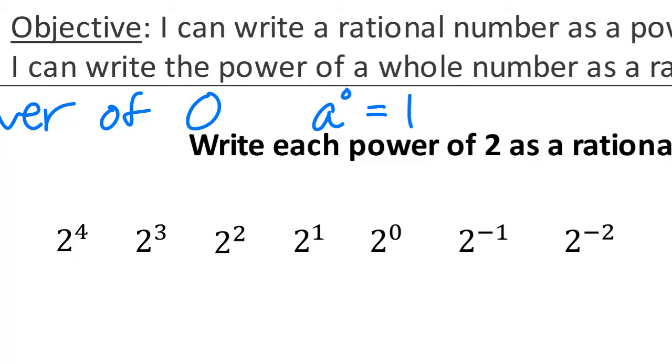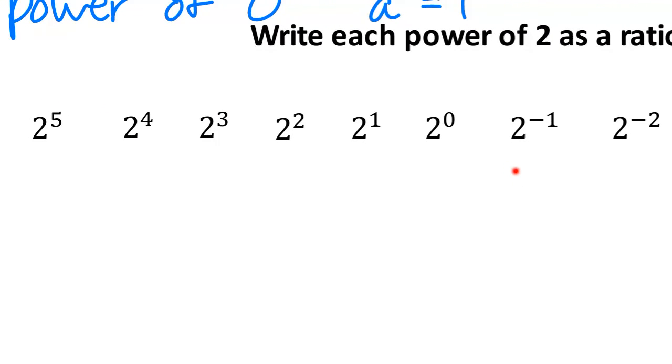Okay? So if I look right in the middle where I have this 2 to the 0 power, it's going to be 1. Anything to the 0 power is going to be 1. And then the power of 1, that's just 1, 2. 2 to the first is just 2.